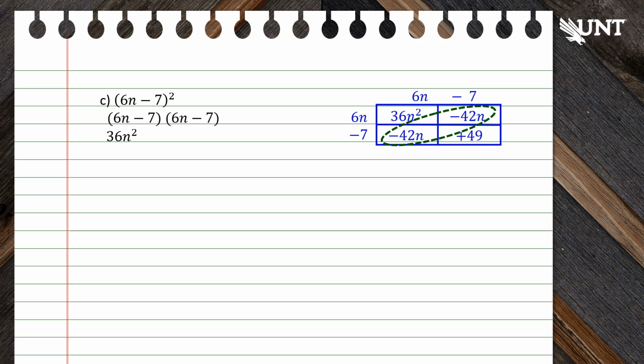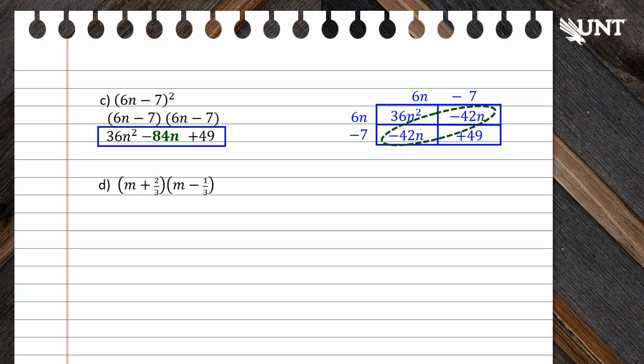Since they are like terms with like signs, we add keeping the sign, making it negative 84n. And then our final lower right square is our constant, which is a positive 49. And so our answer is 36n squared minus 84n plus 49.